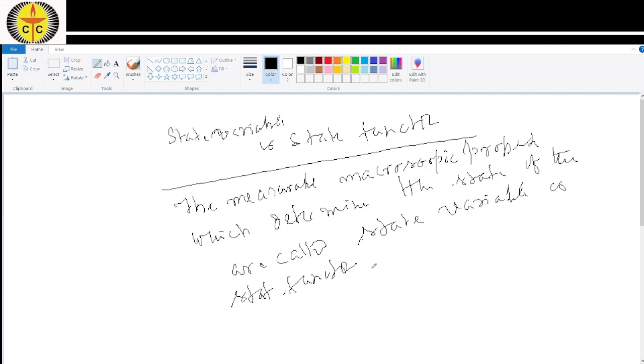If we maintain the minimum macroscopic properties at a constant level, the other macroscopic properties are automatically kept at constant values.